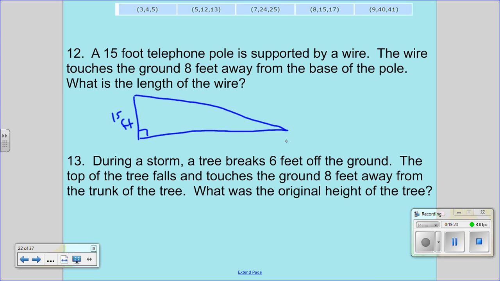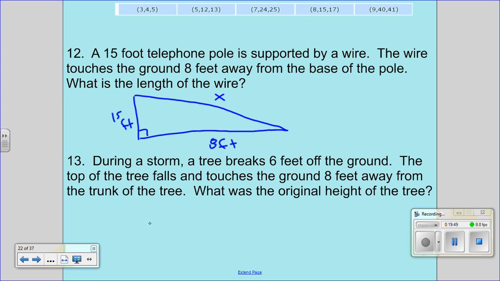And it says the wire touches the ground 8 feet away. Sorry, it's not drawn to scale, obviously. And then it says, what is the length of the wire? So the length of the wire will be the hypotenuse, which is across from the right angle. So let's call that x. And now that I've drawn the picture, you can finish the problem on your own.